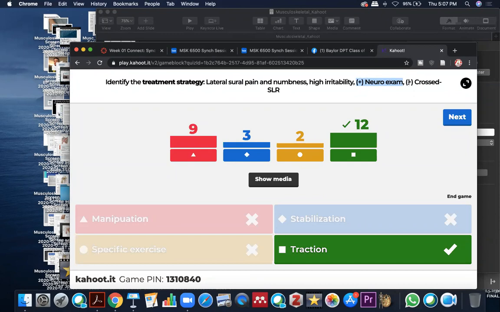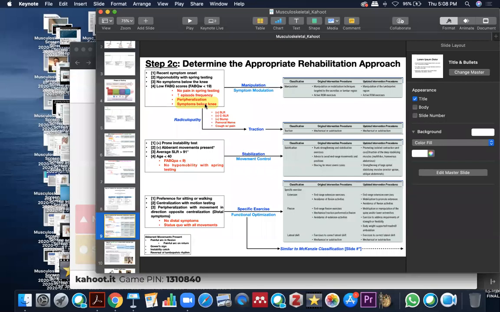They also have a positive cross straight leg raise, and that's another sign that they may have something wrong with the nerve root, whether it's a full radiculopathy or radicular pain. If they have symptoms below the knee, you pretty much have manipulation being contraindicated, because you either have a radiculopathy or radicular pain.